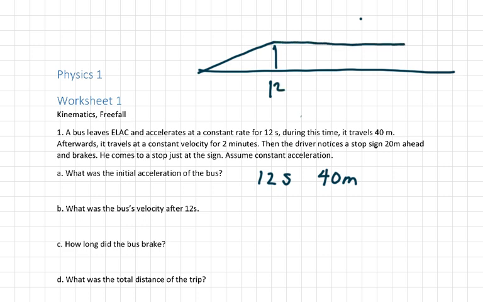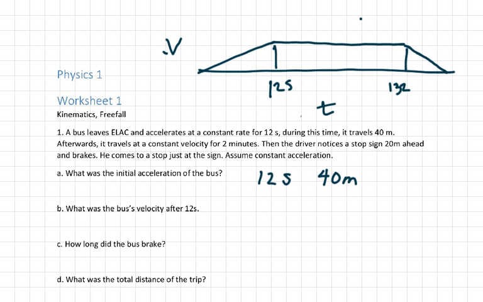Then it goes at a constant velocity, and that's time. It goes at a constant rate for another 120 seconds, so that would be 132 seconds. And then it comes to a stop, and we don't know the time, but we know that's 20 meters. But we're talking about this first event. We want to know the initial acceleration of the bus.